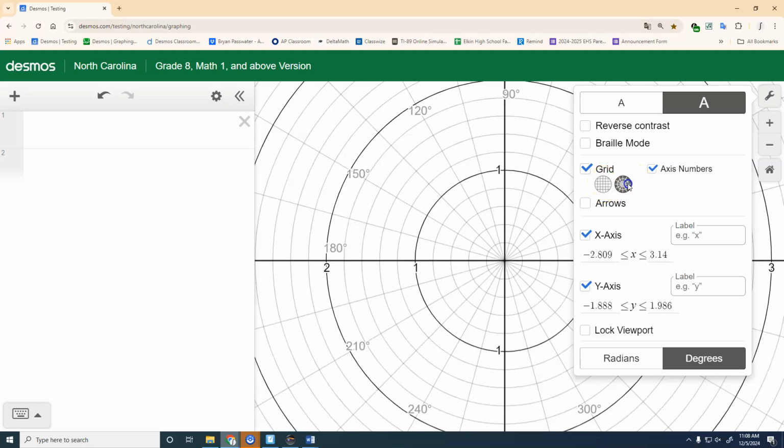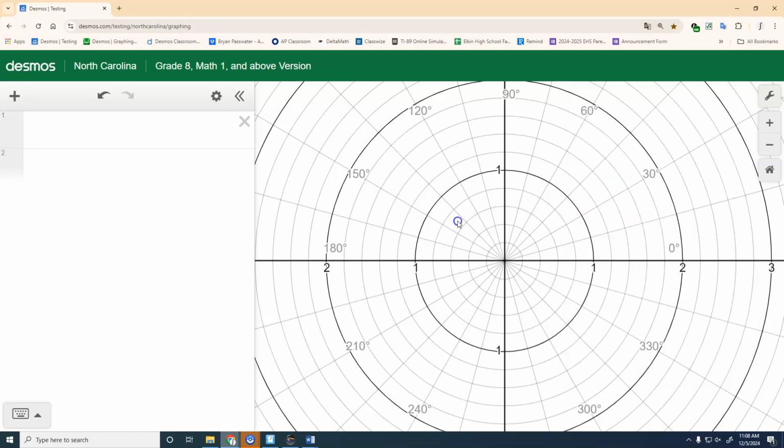If you click on this one, it turns it to polar grid, which gives you 0, 30, 60, 90, 120, 150, and everything here. Okay, that is in degrees. Although I don't even know that we need it in degrees all that bad. The degrees are not the confusing part of this.